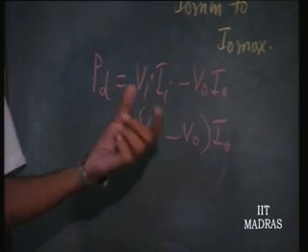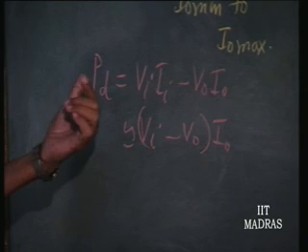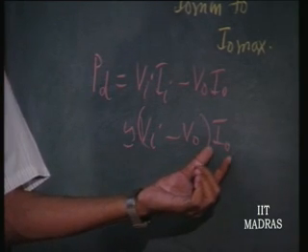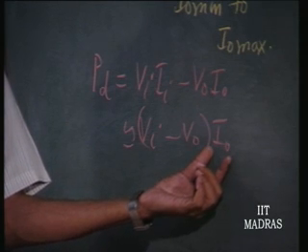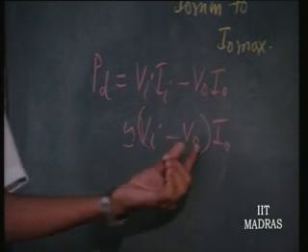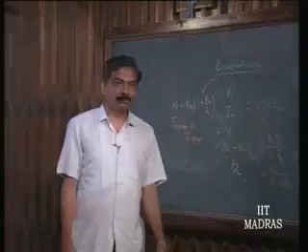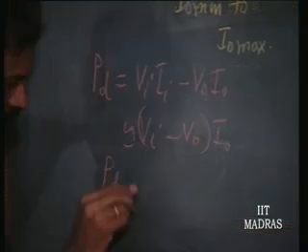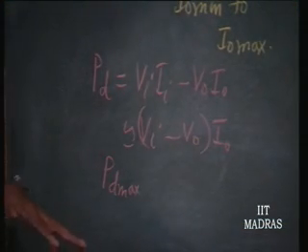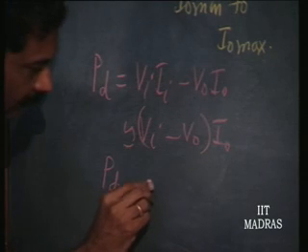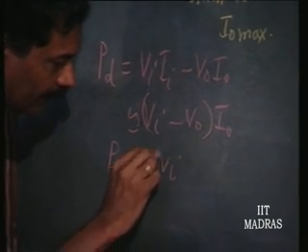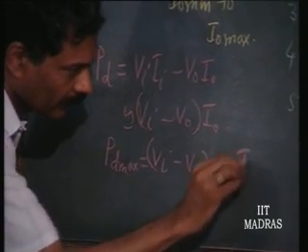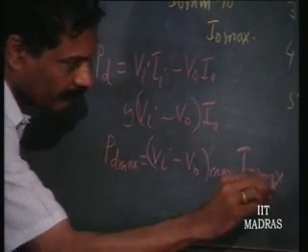When is the power dissipated in the IC maximum? When I naught is maximum, and Vi minus V naught is maximum. That means PD max occurs, in one case, when Vi minus V naught is maximum, I naught is maximum.